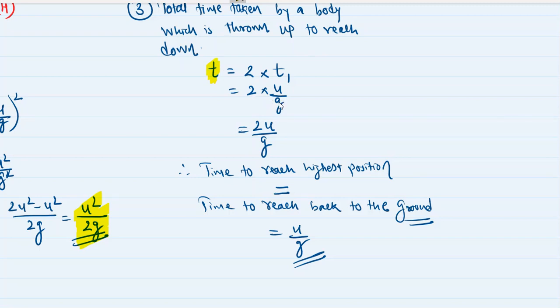The same time body takes when it comes down again. So total time is 2 times t1, that is 2 times u by g, that is 2u by g. So time to reach the highest position is equal to time to reach back to the ground, which is equal to u by g. So total time is 2 times u by g.